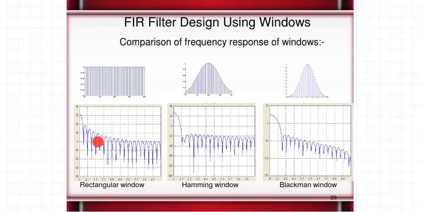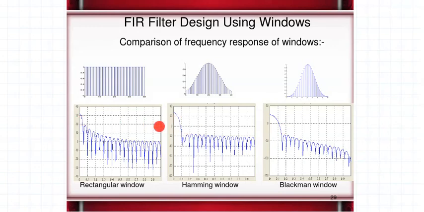So frequency response is the response of the system in the frequency domain. In time domain, the window has all the samples of unit magnitude. In frequency response, the response of the rectangular window is as seen. What we commonly observe in all three is that there is one first lobe which has the highest magnitude. This first lobe in all three is called the main lobe.